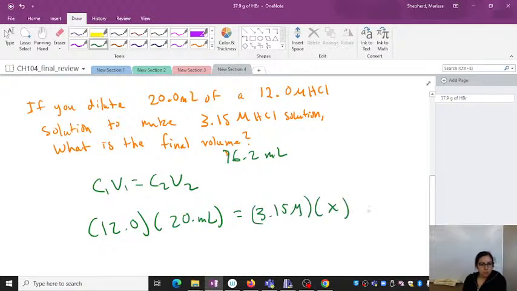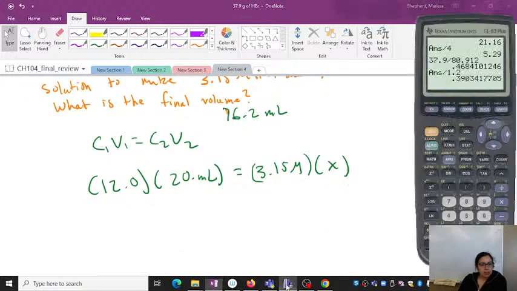And so now we're solving for liters. And I'll just punch it in, even though, since we have a consensus, sounds pretty good. And so now we verified it, so 76.2 milliliters.